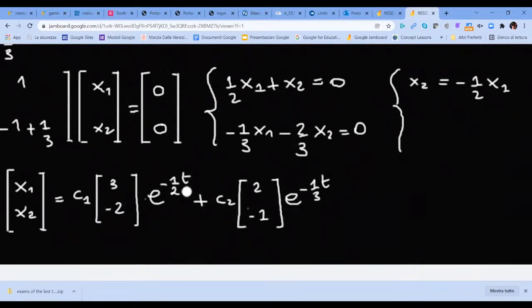When the time grows to plus infinity, the system, the solution, is stable. And the question is, if we add b, can we find the general solution in order to compute the constants and to give a particular solution?